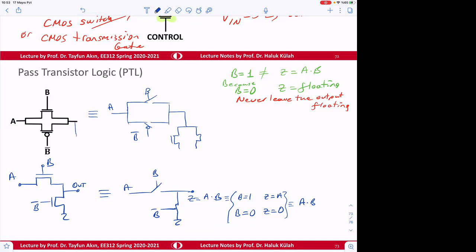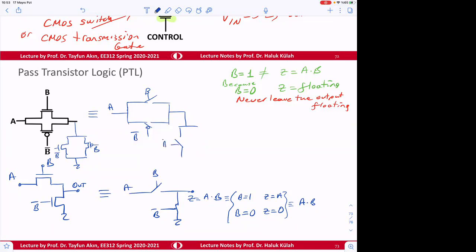By putting a CMOS switch here. This one goes to B bar, this one goes to B. So I can therefore draw this as a switch and then do this like this one.